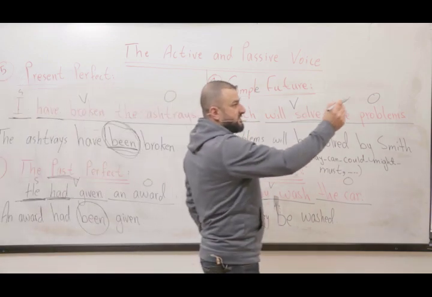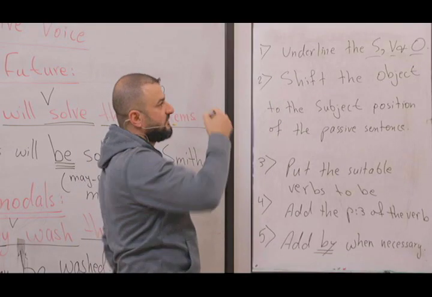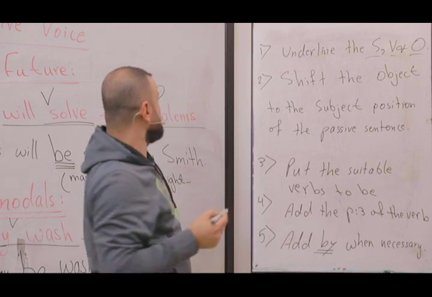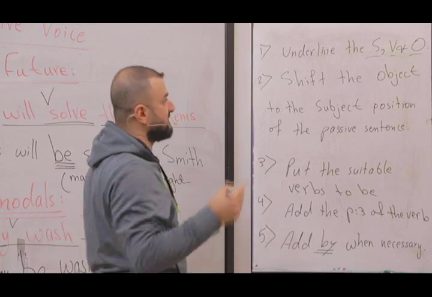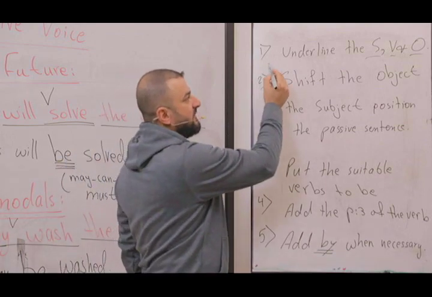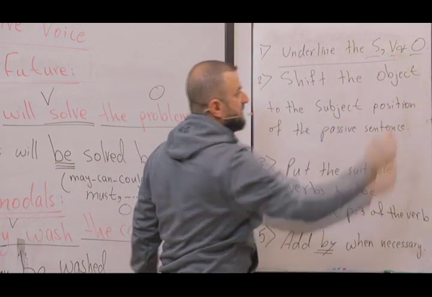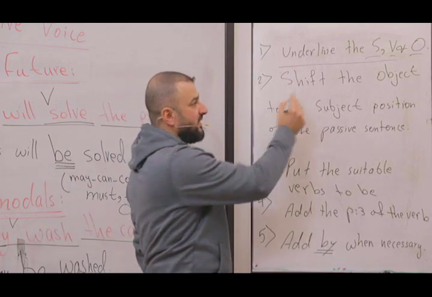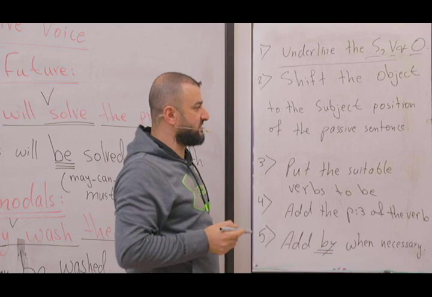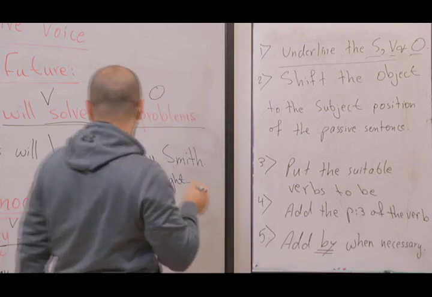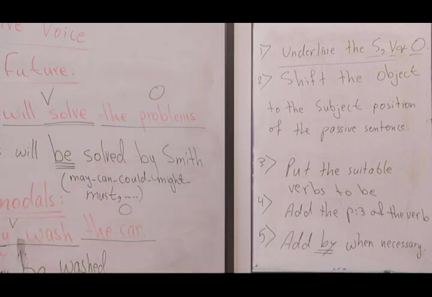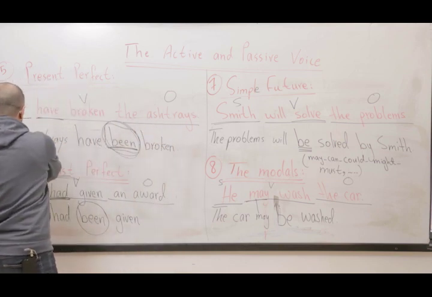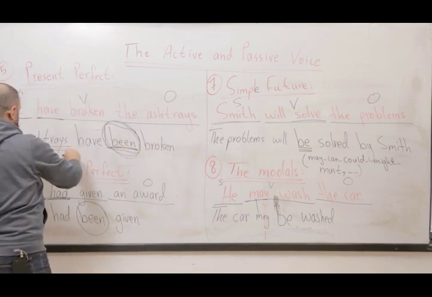So first of all, the steps to solve such sentences, to shift the sentence from the active to the passive voice: we have first to underline the subject, verb, and object for each sentence. Second step, shift the object to the subject position of the passive sentence, like this. For example, here I have broken the ashtrays. The ashtrays will be here in this position.